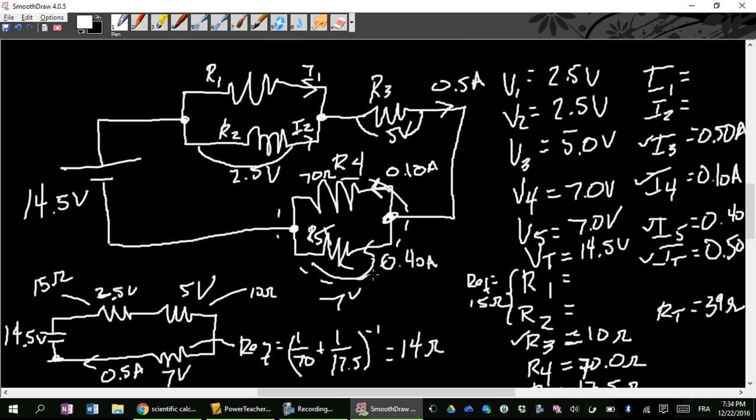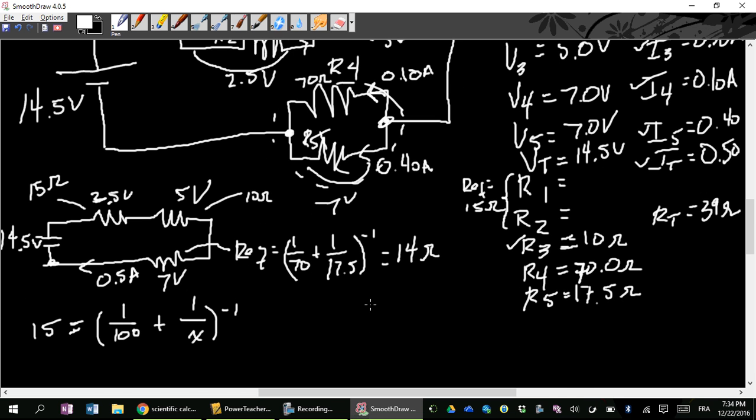The short way, I'm trying to remember, does it split in half? So if I have two resistors, I just have to think outside the box here. Let's pretend they're 2 ohms. Is R equivalent of this 1 ohm? I don't think that's true.